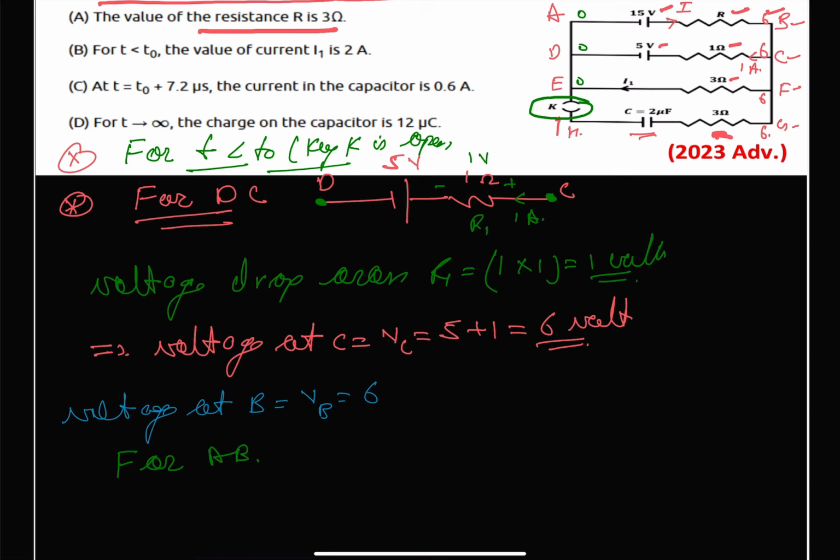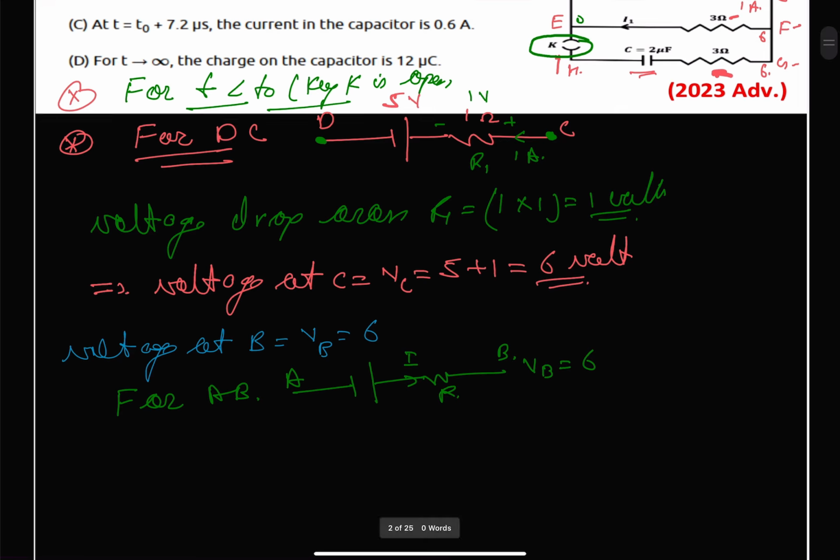This is our A and this is our point B, and B has a potential of VB, which is 6 volt, and we assumed that the current through this is I, and R is the resistance.